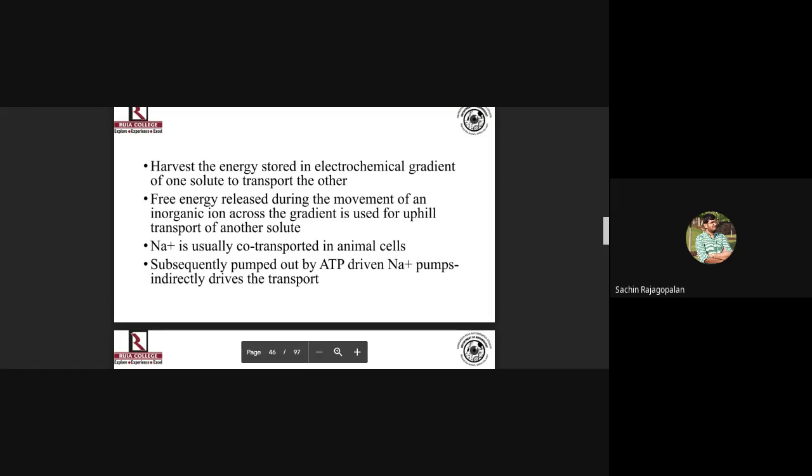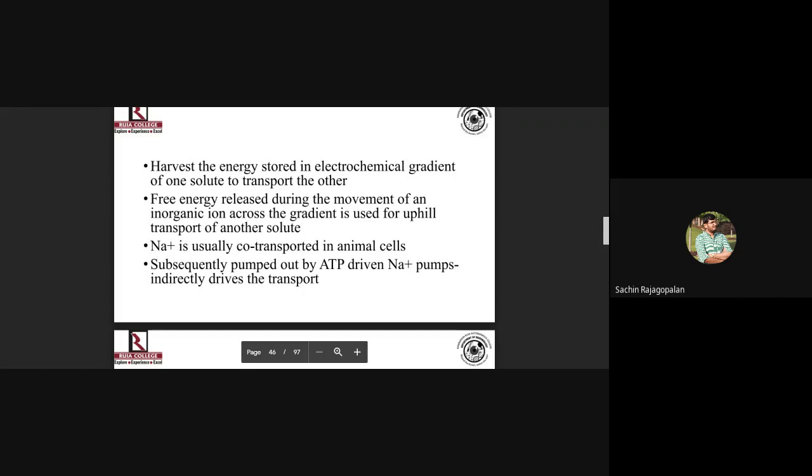Now what is the cell's strategy? Mostly in antiport, sodium is thrown out, and in exchange, whatever is needed is taken in. Okay, many times you will see that cells will purposefully take sodium inside so that antiport can be carried out, because sodium will be pumped out and the other component will be taken in, and you can also generate ATP in this process.